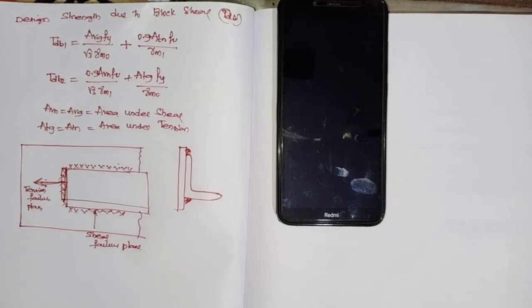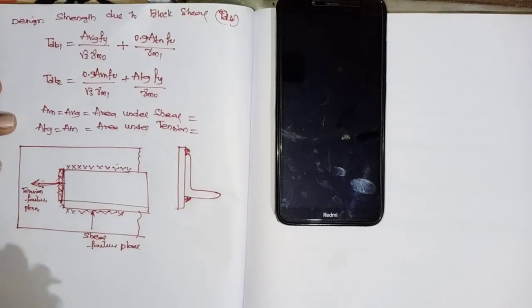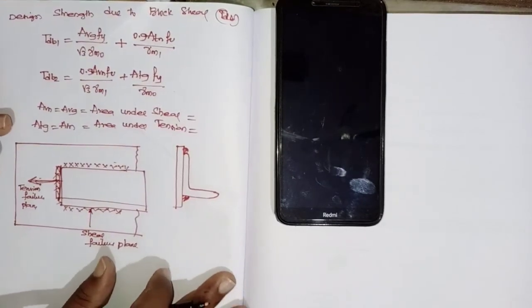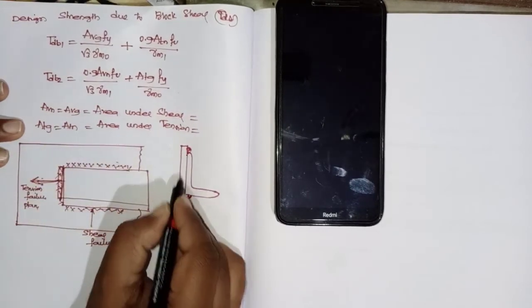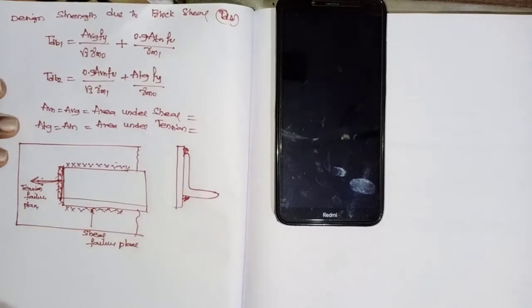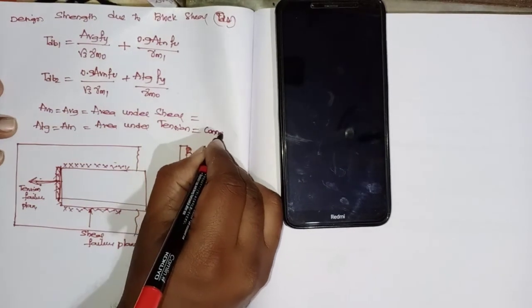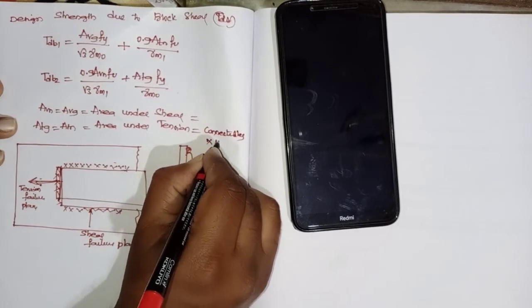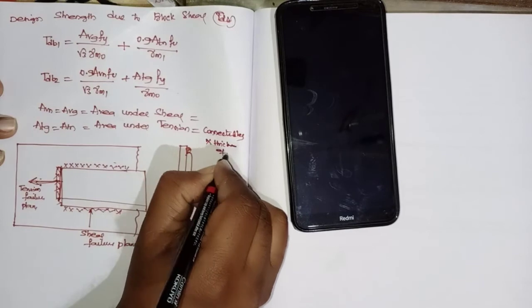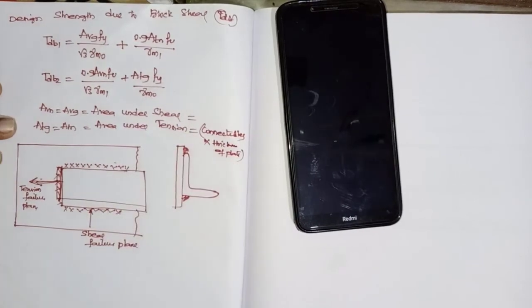Now, how are you supposed to take these areas? Area under tension means the length of the connected leg multiplied with the thickness of the plate, which will give the area under tension.